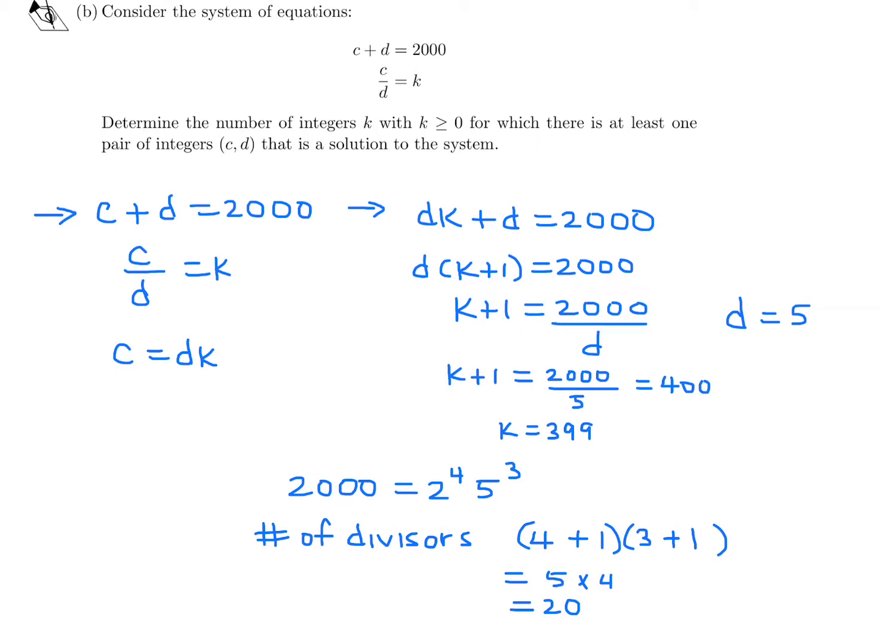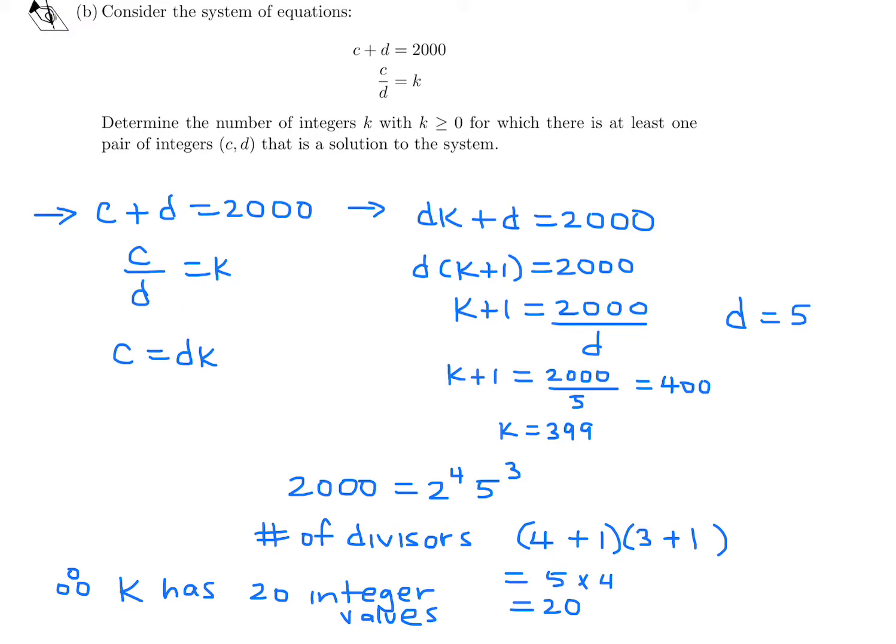And for each divisor, we will get an integer solution for k plus 1, and therefore an integer solution for k. So, in conclusion, k has 20 integer values. This question has a little symbol that represents that you have to write out a full solution.